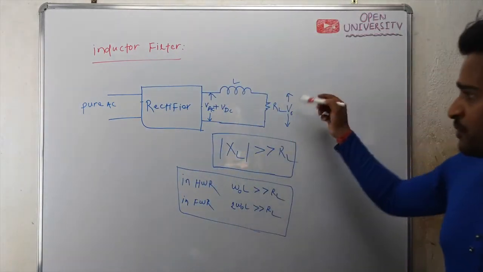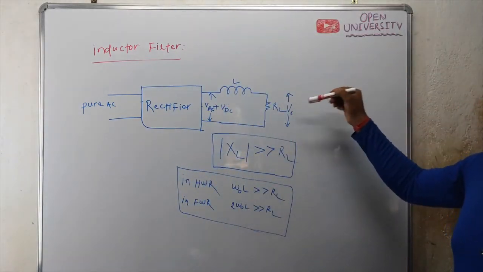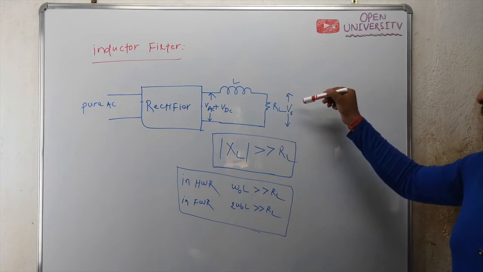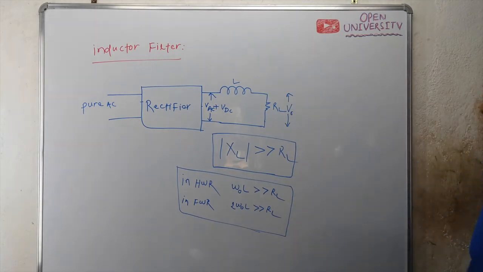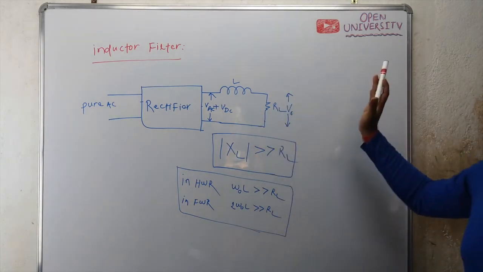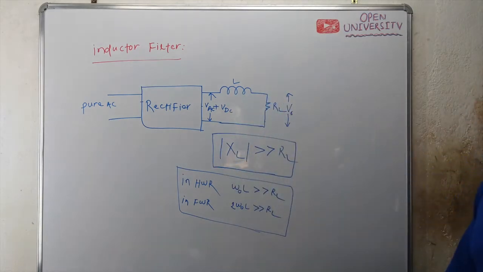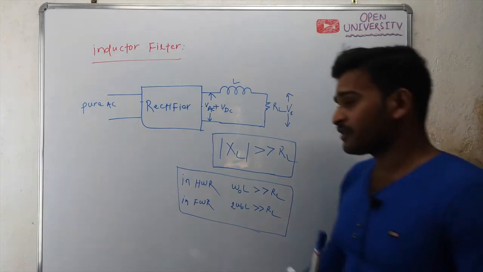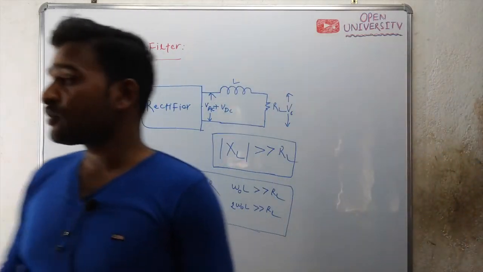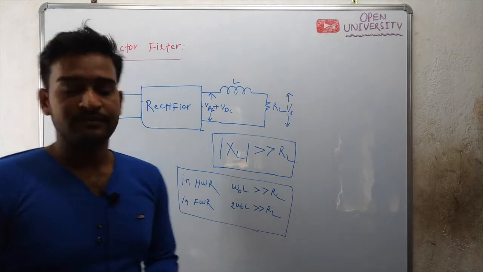In the output of the filter, you will get a little amount of AC component and the DC component. The AC component is not completely removed. A very little amount of AC component will be present in the output.